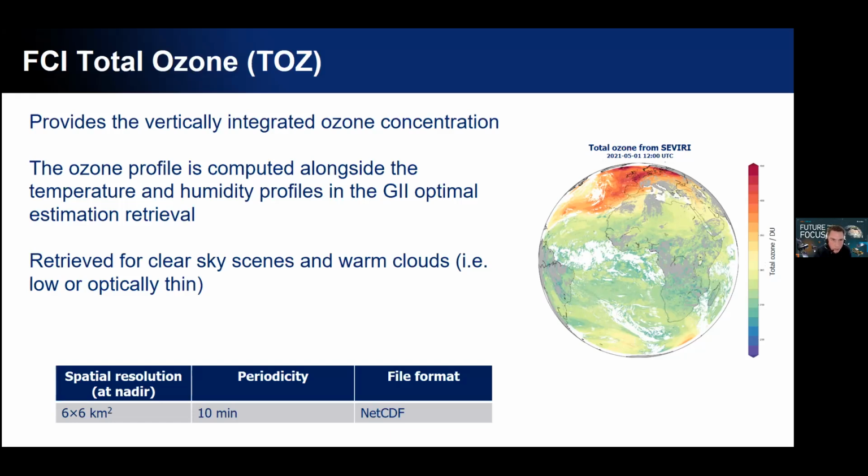And this again over clear sky scenes, but also over warm clouds. So there would be either low clouds or optically thin clouds. Since it's the same algorithm as the GII, it's also 6 by 6 kilometers and every repeat cycle, and it's again in NetCDF format.